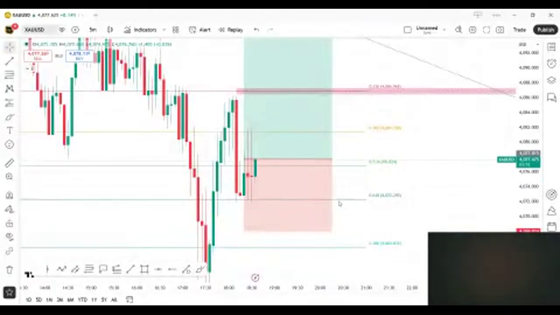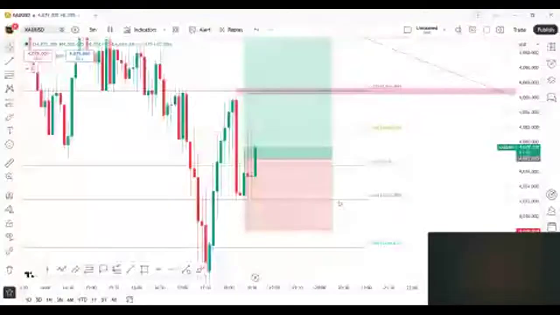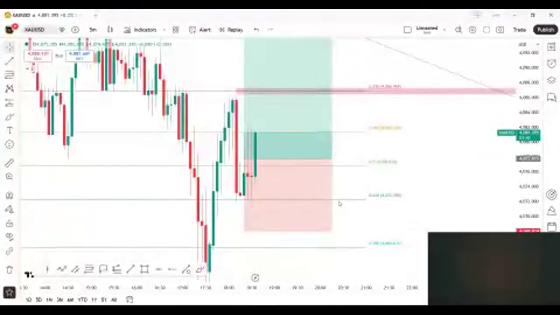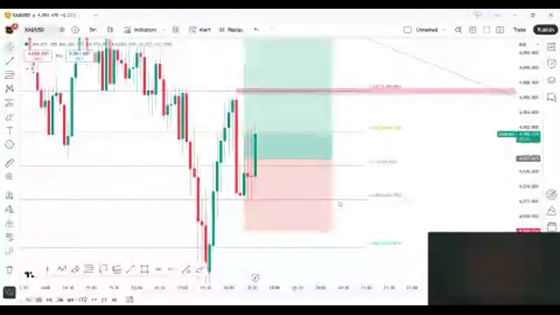This is what patience always pays. This is the key area.